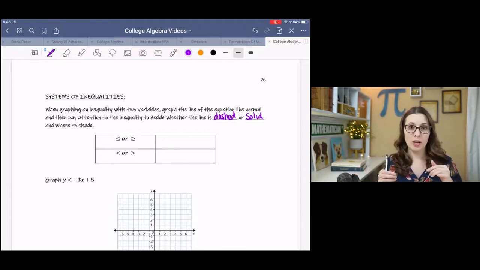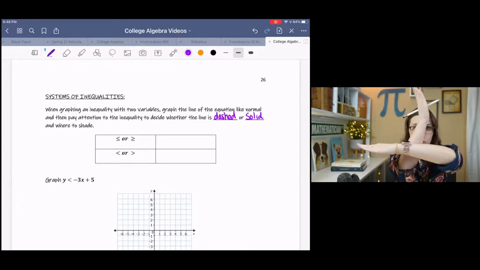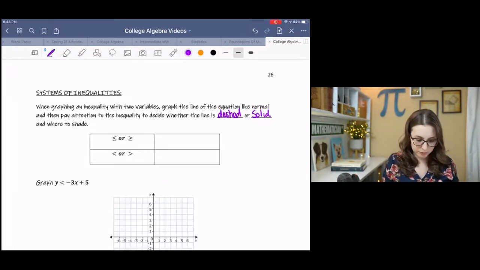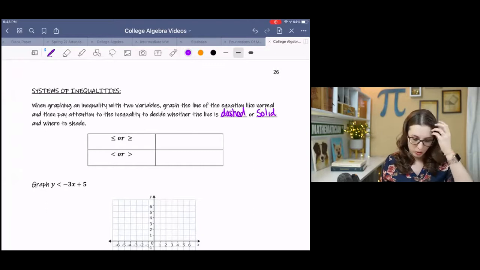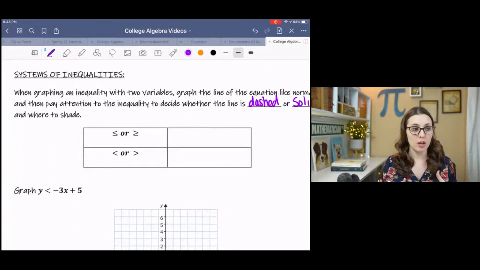So now instead of one variable with one number line, we have two variables, and that's where the x and y axis come into play. And then you'll shade, you have to decide where to shade. So when we have these different types of inequalities, the first type are less than or equal to or greater than or equal to.